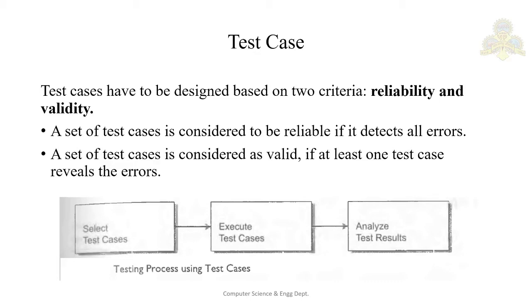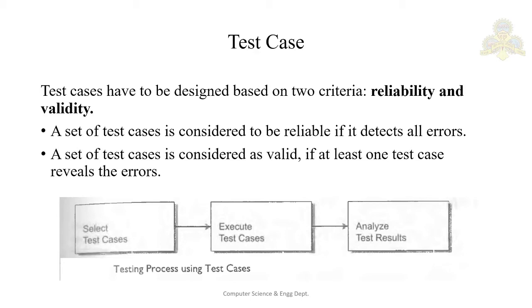That means a set of test cases is considered valid if at least one of the test cases reveals the errors that are present in your software. So remember, in a test case you have four criteria, that is your test input, entry criteria, expected output and exit criteria. These four things are necessary.